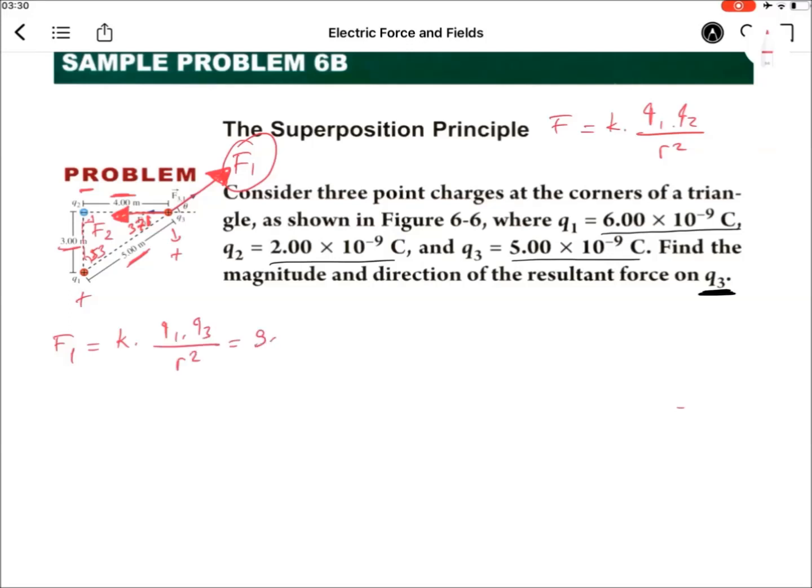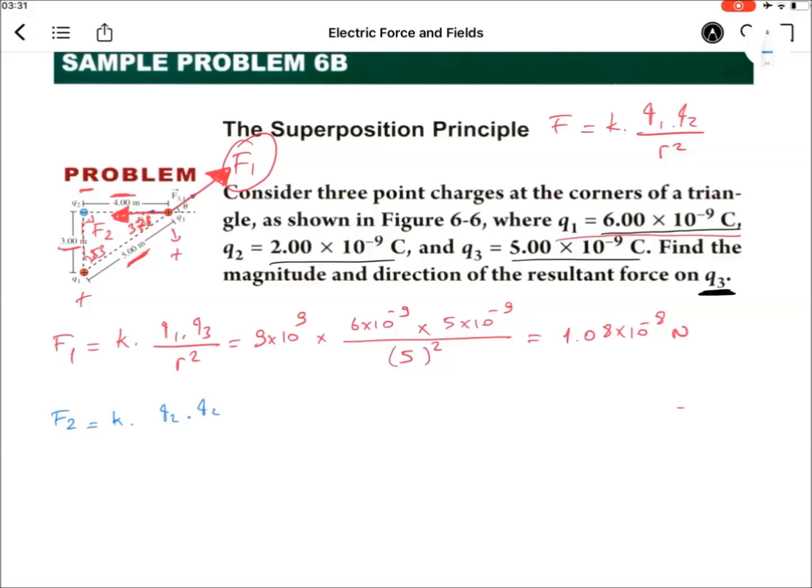K is 9 times 10 to the 9, times Q1, which is 6 times 10 to negative 9, multiplied by Q3, which is 5 times 10 to negative 9, over the distance between them, 5 meters, so 5 squared. So that result will be 1.08 times 10 to negative 8 Newton. And F2 is equal to K times Q2 times Q3 over R squared, since it is between Q2 and Q3.